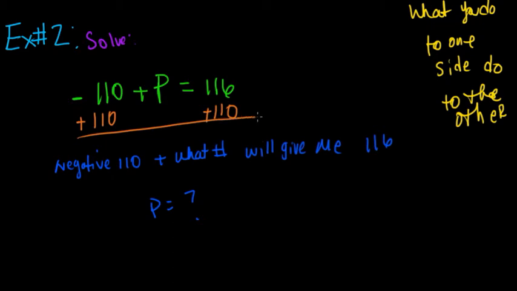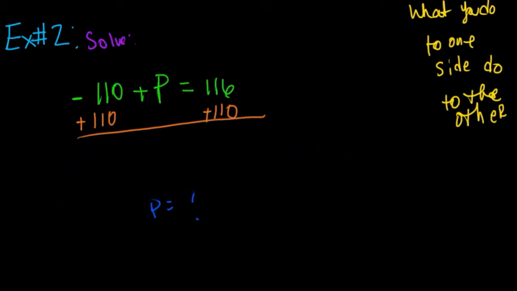Well, if we remember, we did this inverse operation so that these two will cancel. A negative 110 plus 110 will give me 0. So we say they cancel out, because they're inverses of each other. So then I have just a positive p. I have 0, and like I said, we don't have to write 0 here.